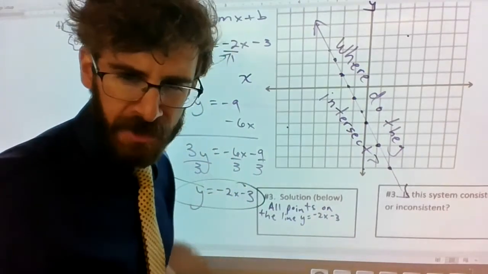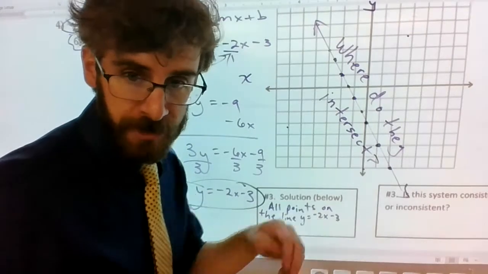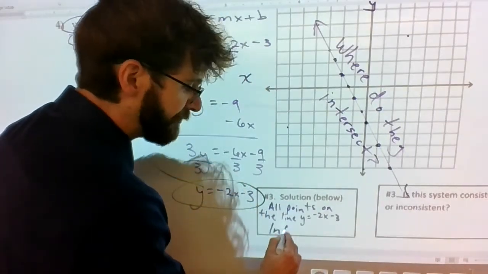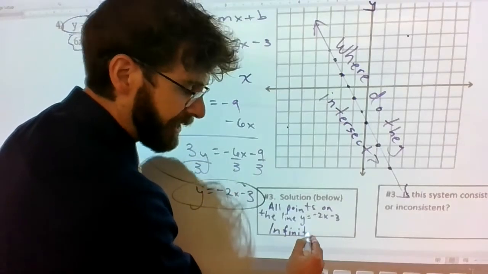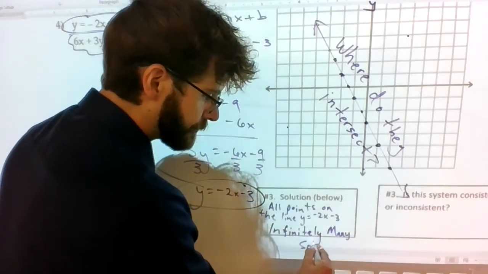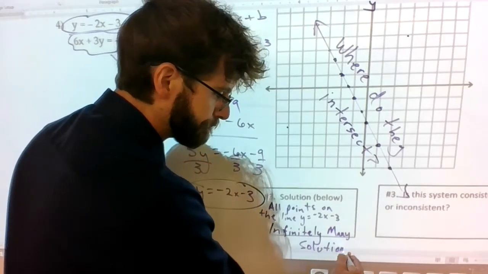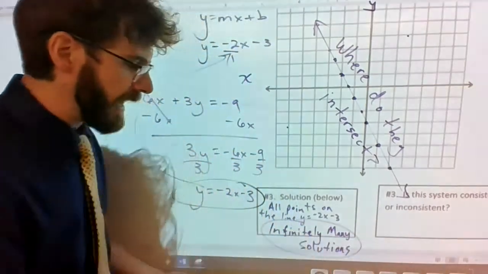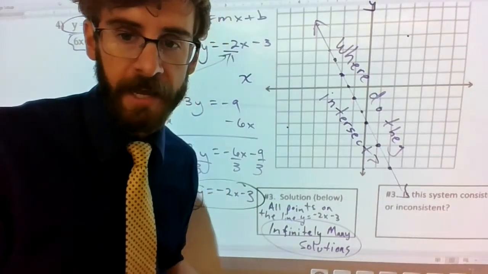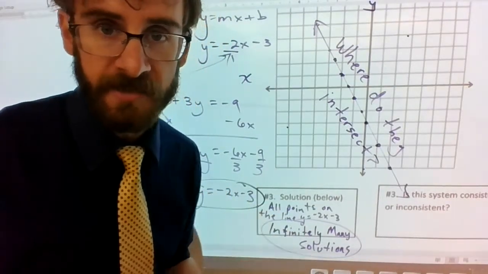That's kind of a wordy explanation. Some people like to defer to this explanation. They just say, hey, there's infinitely many solutions. There's infinitely many places where these two lines intersect. So, you know what? I might go with this right here, but definitely know that all points on the line is a way to express that solution.